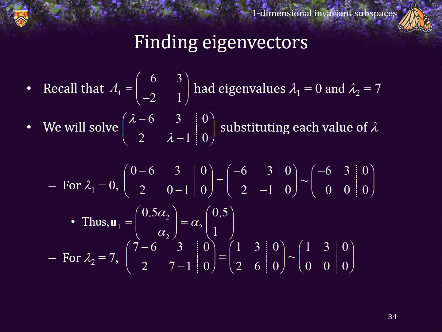Substituting in lambda equals 7 gives us a different augmented matrix, and once again applying Gaussian elimination gives us this matrix here, and therefore once again alpha 2 is free and alpha 1 is equal to -3 times alpha 2. So therefore all scalar multiples of -3, 1 are eigenvectors for the eigenvalue 7.